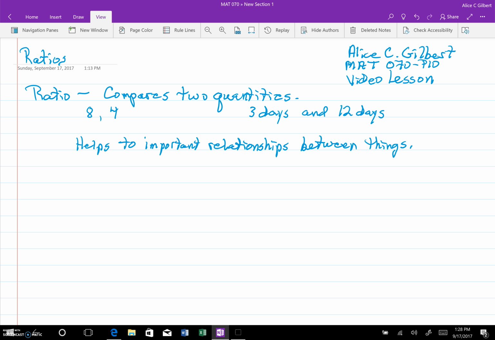So, for instance, let's talk about the ratio between your monthly expenses to your monthly income. Let's say that ratio, expenses to income, is 10 to 9. Think for just a moment about what that means, and then we'll talk about it.